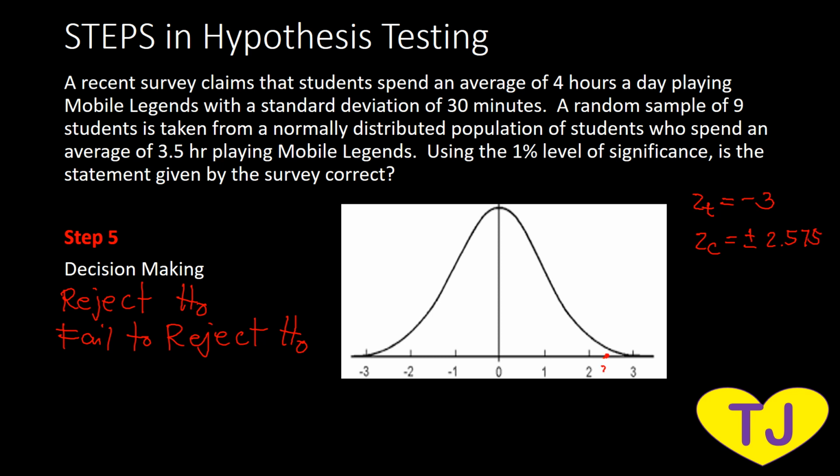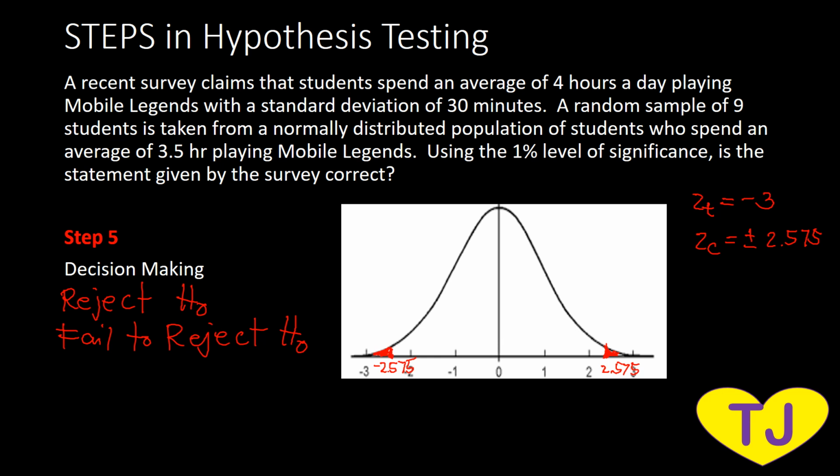Let me just plot it in so that we can have a clear picture of what we are going to decide. So we have negative 2.575. So this is now the area on the tail part. And by the way, when you add those areas, that will be equal to your level of significance, which is 1%.